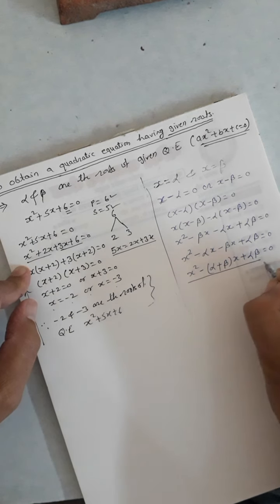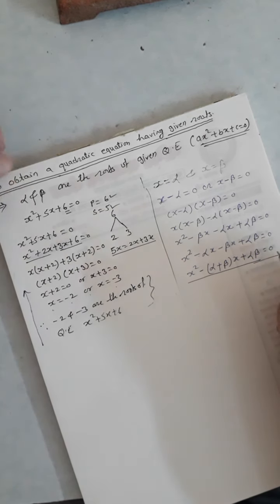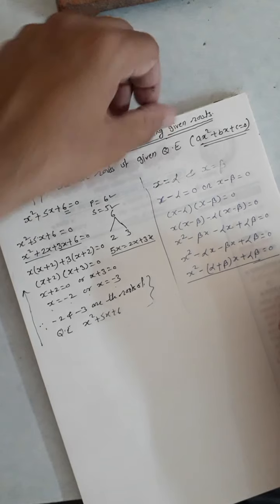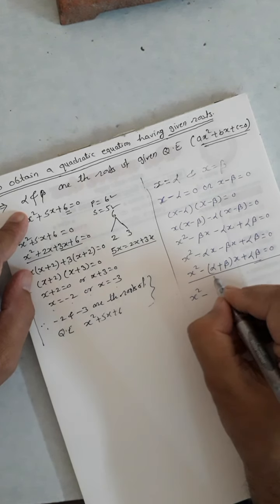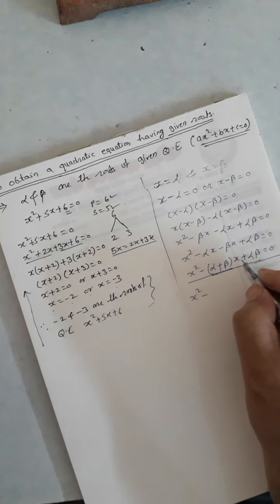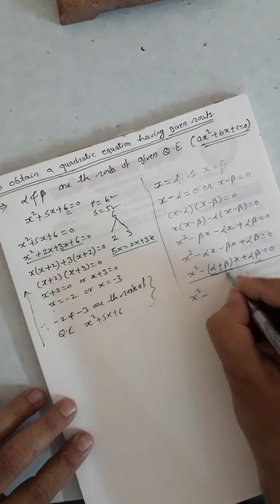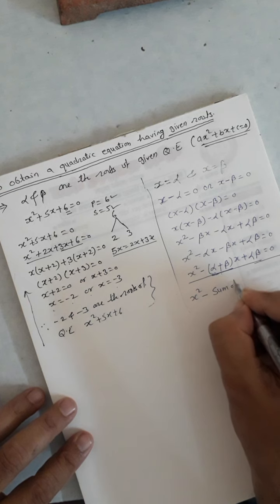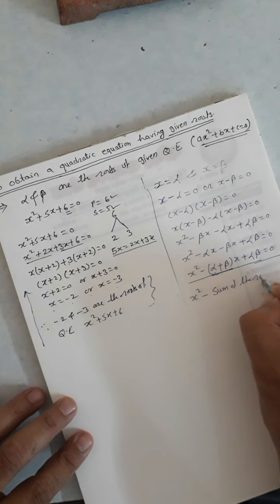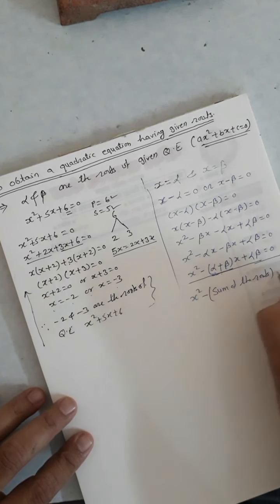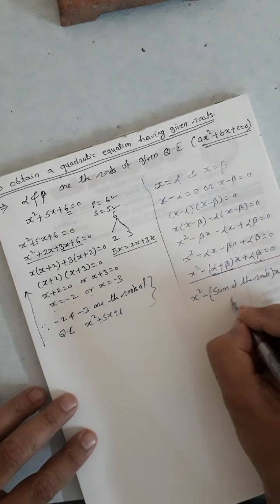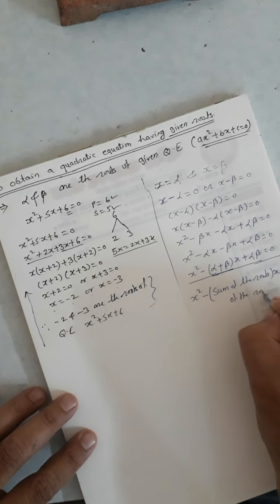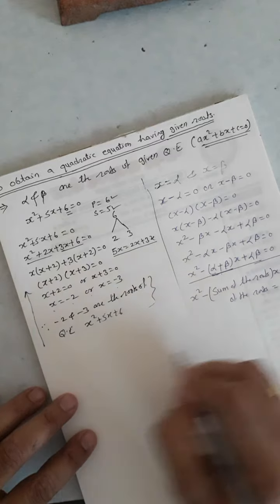This is our quadratic equation. Since alpha and beta are the roots, in the previous part we saw that alpha plus beta means the sum of the roots, and alpha beta means the product of the roots, so x square minus sum of the roots times x plus product of the roots is equal to 0.